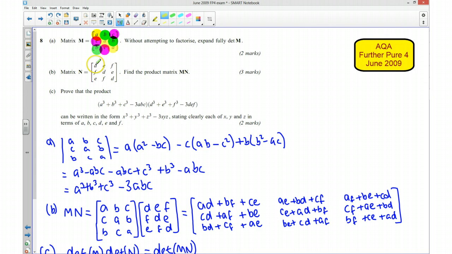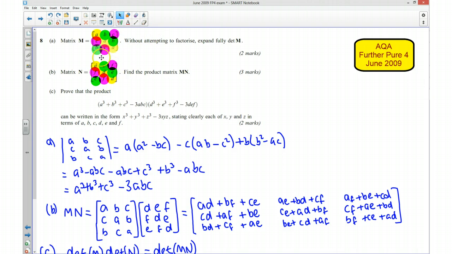And interestingly, I've got the same pattern in this here. I've got the D, the D, the D, like so. I've got the E there, the E there, and the E there. And I've got my F, my F, my F.